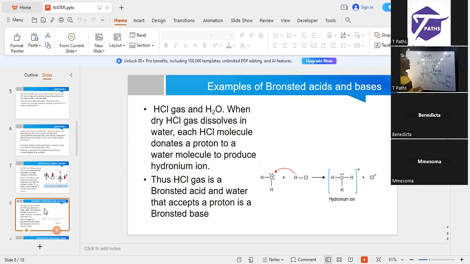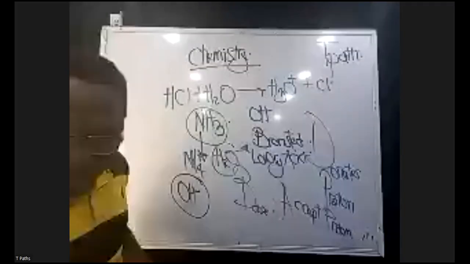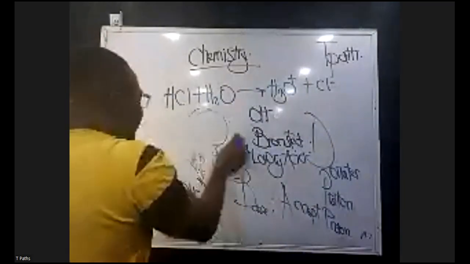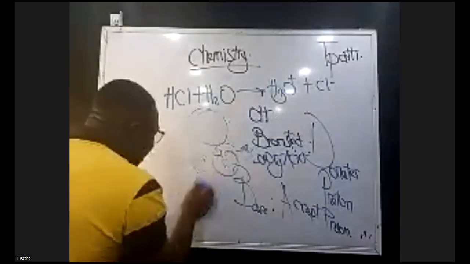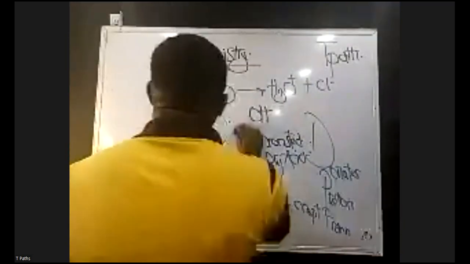So a water molecule now accepts a proton to form the hydronium ion. Like I've shown you earlier, in the case of HCl and H2O, we can see clearly that HCl is the Bronsted-Lowry acid. That is why you need to pay attention to Bronsted-Lowry acid and Bronsted-Lowry base.